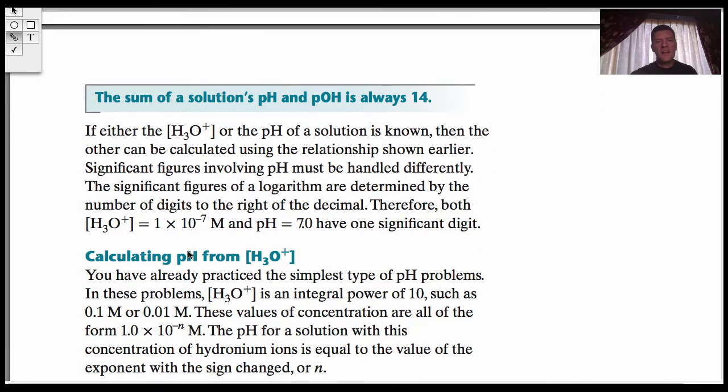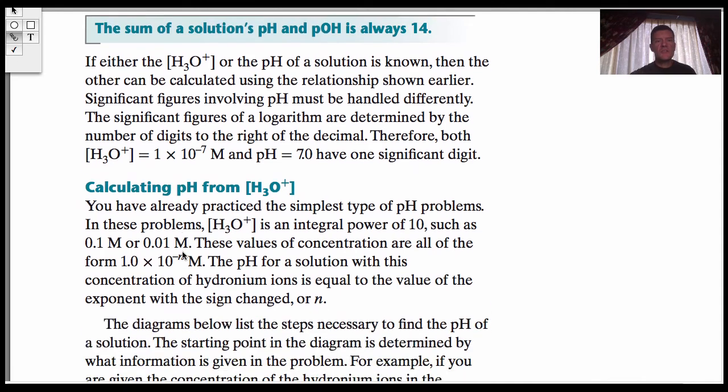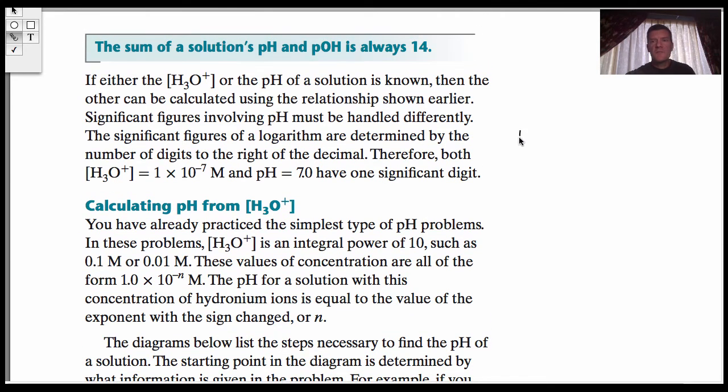All right. Now, these two relationships are the only two that you need to know in order to find pH, pOH, concentration of hydronium, and concentration of hydroxide, given just one of them. Ready? pH plus pOH is always going to equal 14 in an aqueous solution.